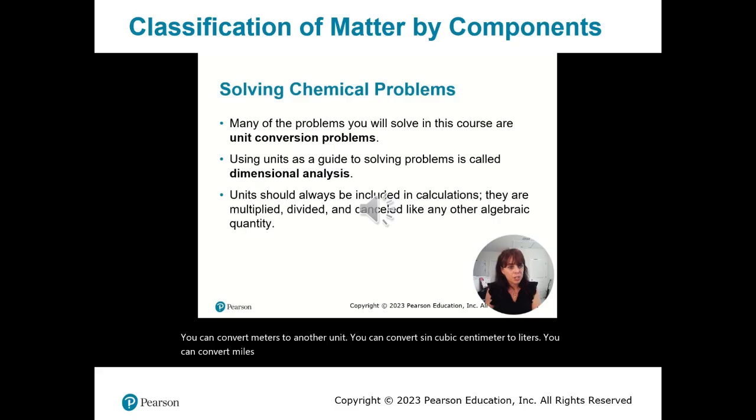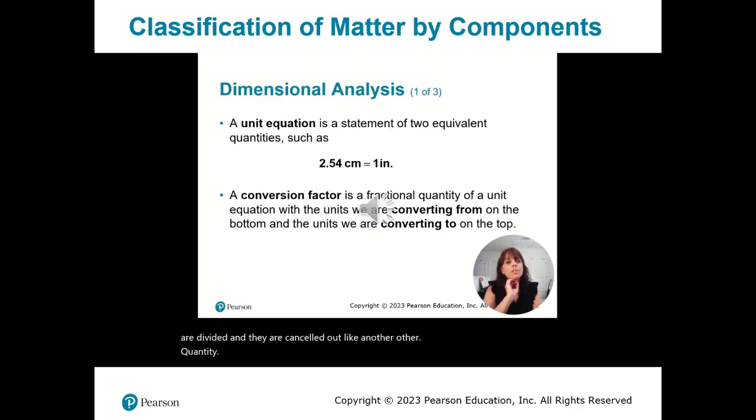It's all about conversions. Units should always be included in your calculations. If you don't, you can get lost and also lose points. They are multiplied, they are divided, and they are cancelled out like other algebraic quantities. That is what we call dimensional analysis.